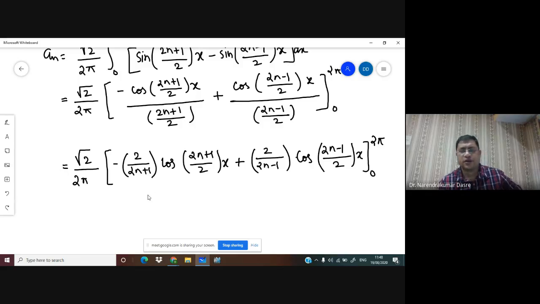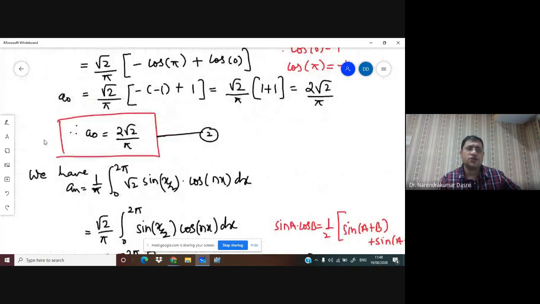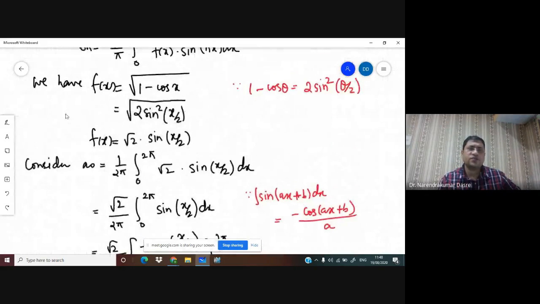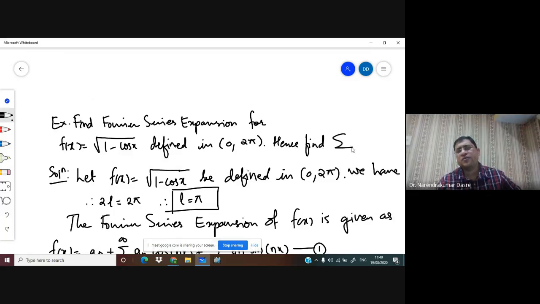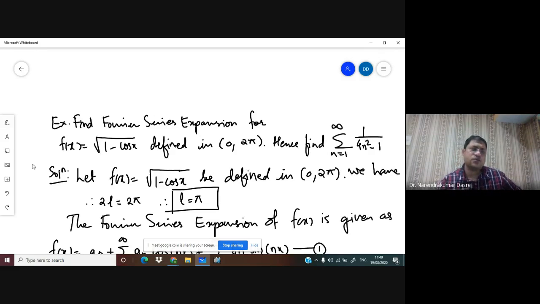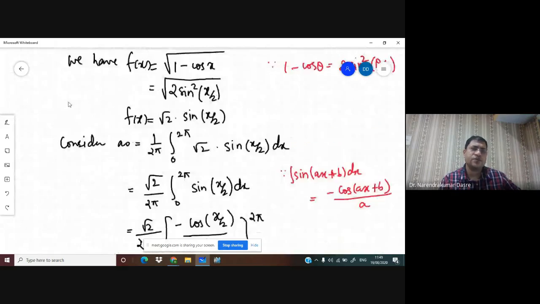Okay, so here I'd like to add one deduction to the question that we have. Hence find summation n running from 1 to infinity 1 upon 4n square minus 1. Okay, that will add to this question. So we'll find that also.